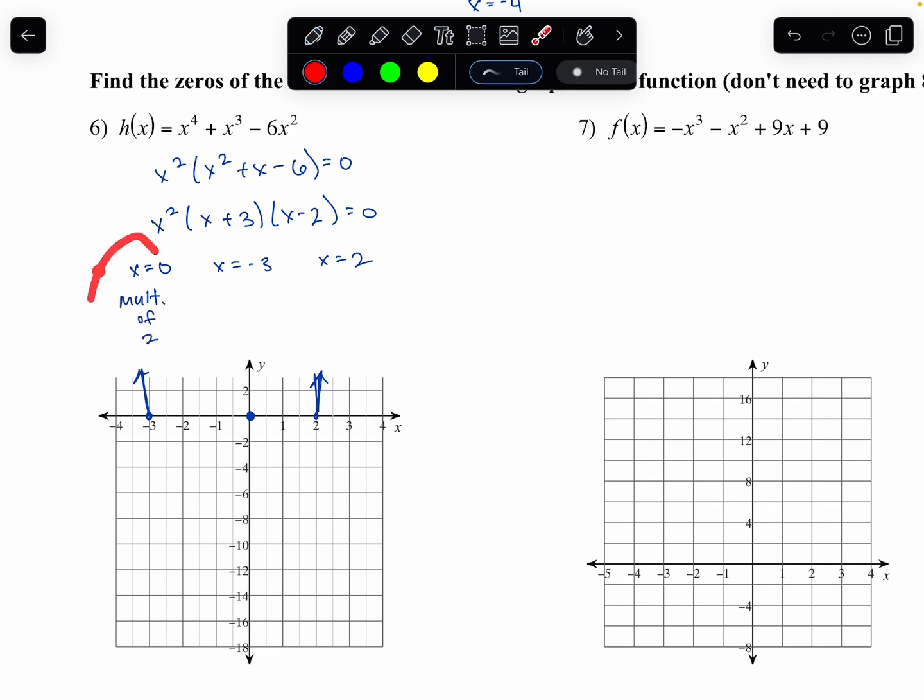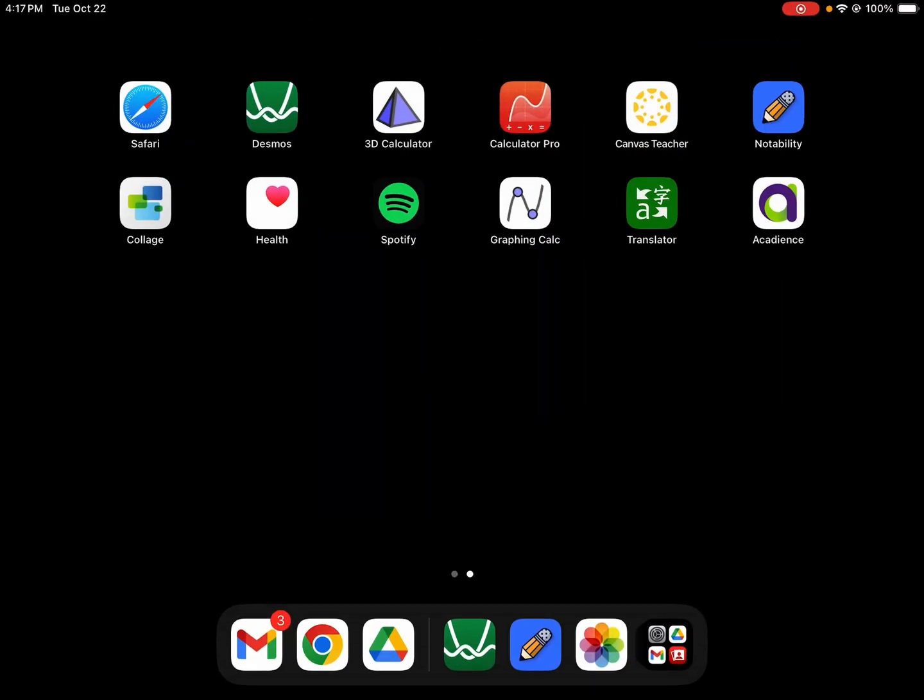And if I ever have an even multiplicity, that means at that x-intercept, it will only touch, but it will not cross. Now I also would want to know how far down it goes. You can make a table and see what the values are at -2 and at -1, or at 1. But I just have a calculator here, so let's use this.